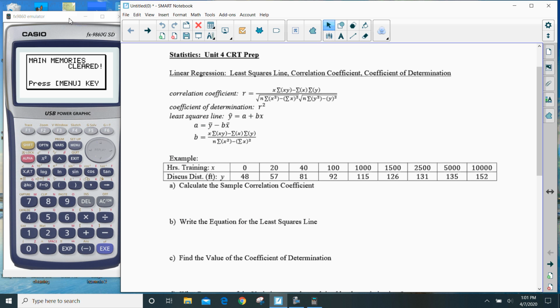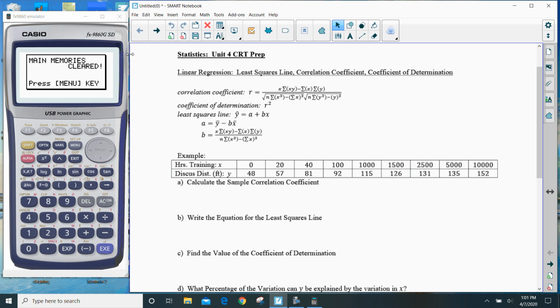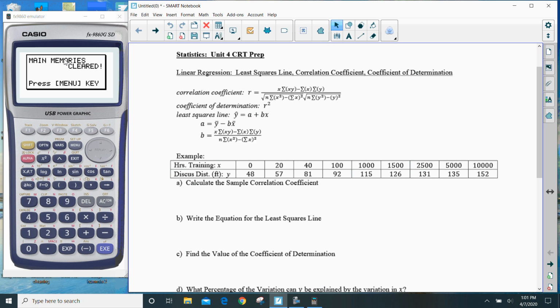Now, before we begin, I very highly encourage you to download this calculator. It isn't very downloadable on the Chromebooks that the school provided, so you may want to get to a personal computer of some sort. For instance, I'm using my personal Dell computer. If you use your own personal device, you're able to download this emulator and use it just fine.